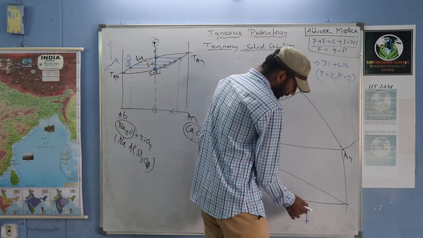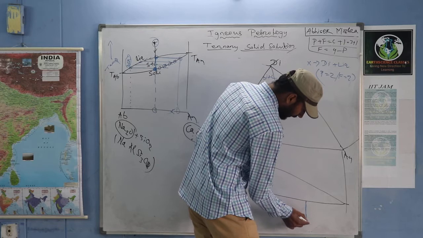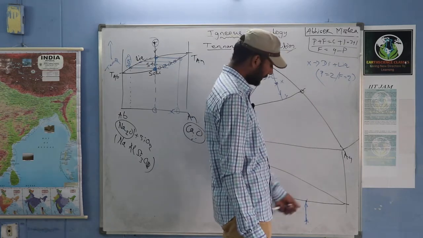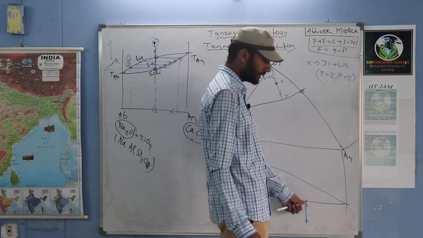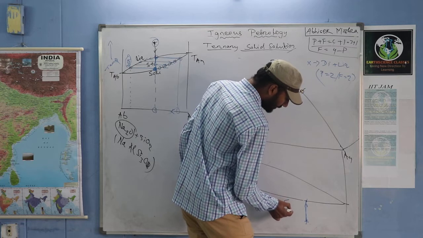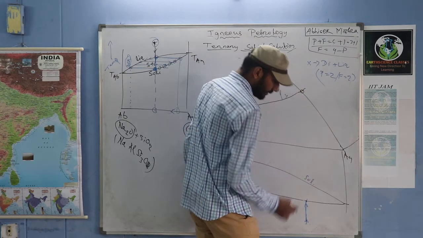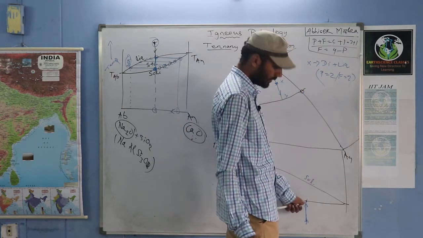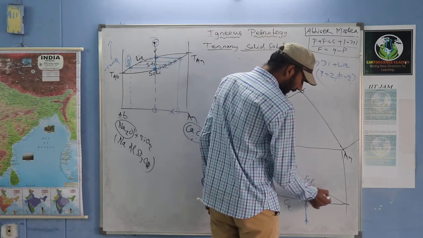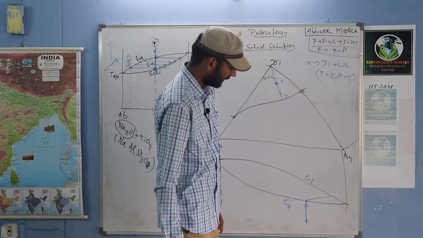If the temperature falls, it will touch a point here. Then what do we have to do in this case? If this is the liquidus, this is the solidus, and if it touches here, then we have to make a tie line like this, right?